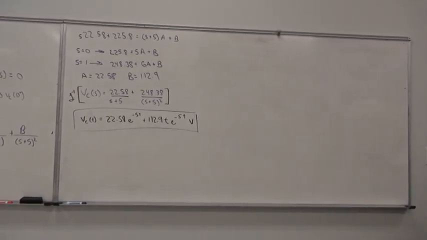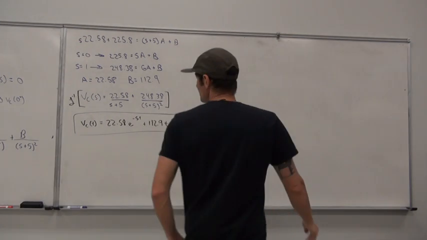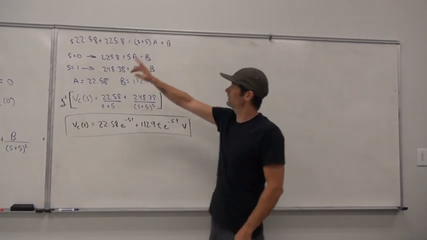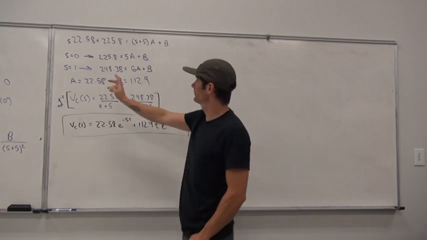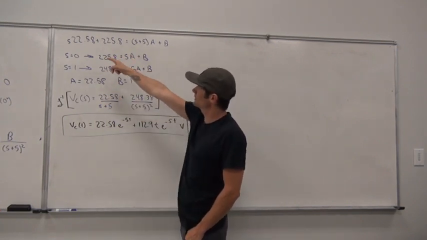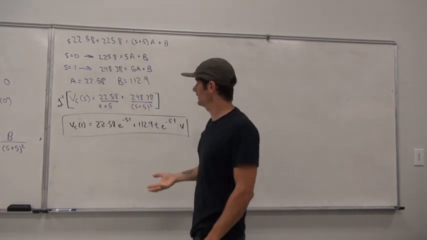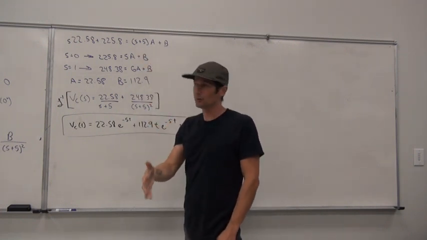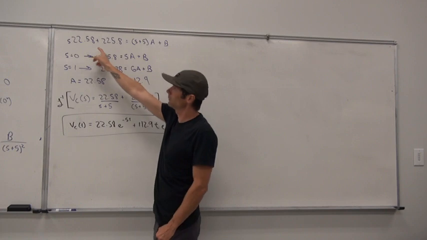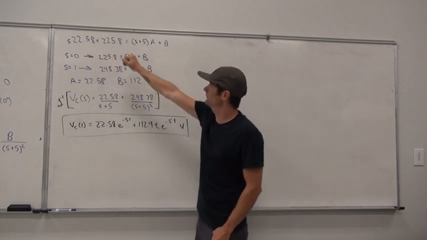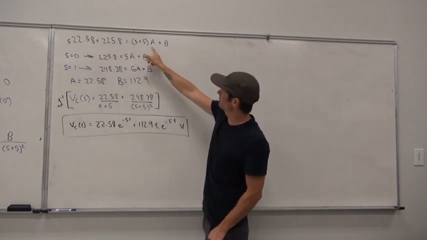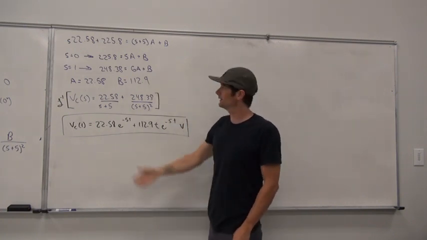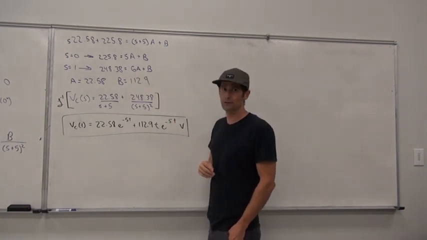All right, so just as we've said before, guys, in order to find A and B, those coefficients, all we have to do is multiply through the denominator and get an equation from which we can develop two system equations. We have two unknowns, we need two equations. S times 22.58 plus 225.8 is equal to s plus 5 times A, and then plus B. Then we evaluate that at s equal to 0 and s equal to 1.